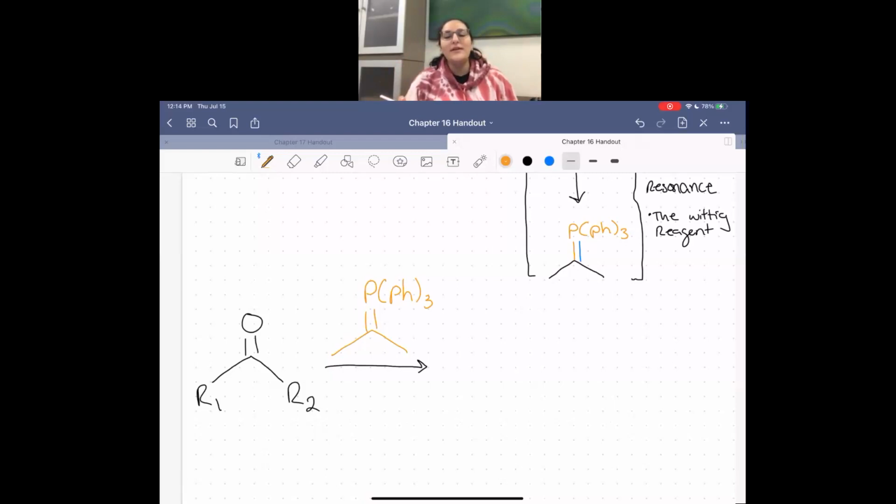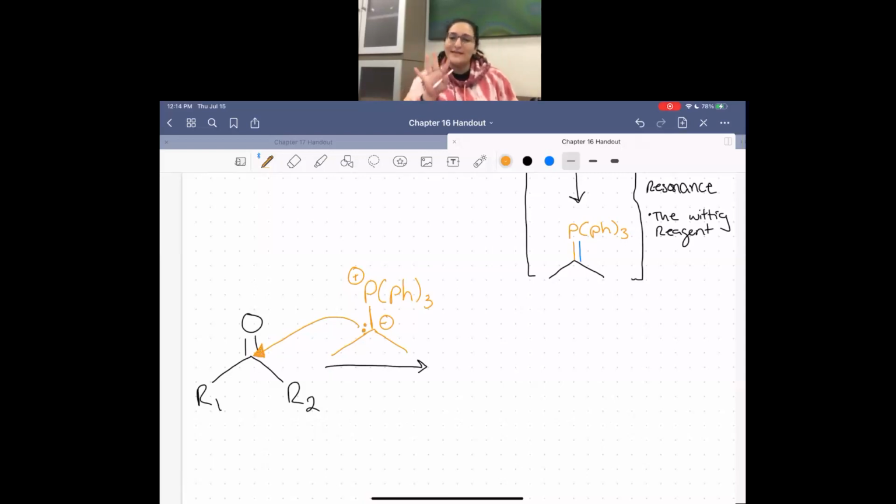So as we know, the ylide looks like this, but it also looks like this, right? So that negatively charged carbon acts like a nucleophile, and it's gonna, boom, attack this carbon.